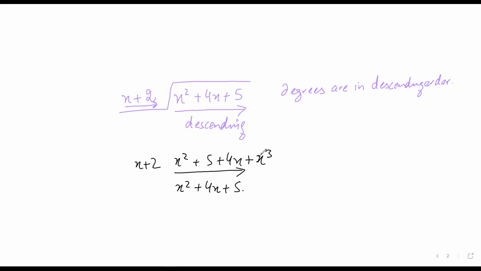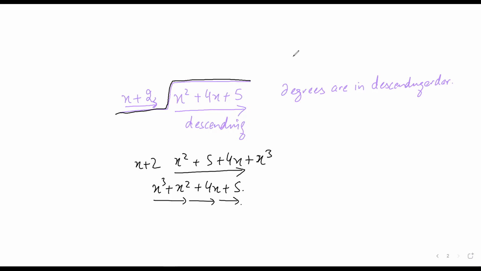Again, before you start, you have to write the polynomial with the degrees in decreasing order: x cube followed by x square followed by 4x followed by 5. Any doubt till here? No, sir.